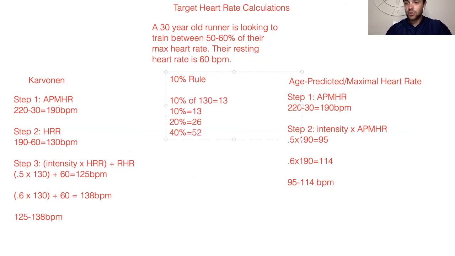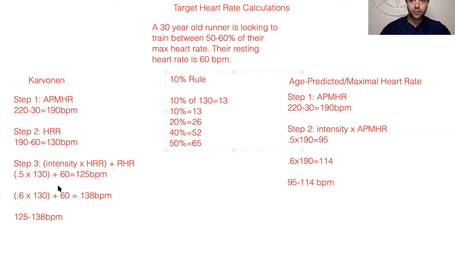Okay, straightforward so far, but you could have just found half of 130, right? Or what you can do, you can take the 40% number, which is 52, and add it to the 10% number, which is 13, and that would get you your 50%. So 52 plus 13 should be 65, I believe. Yep. And 65 is half of 130, right?